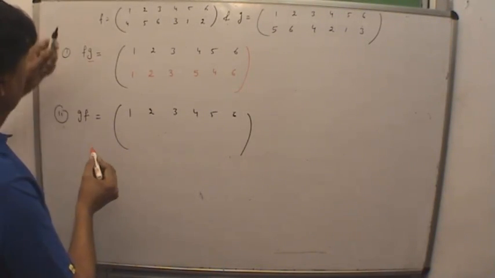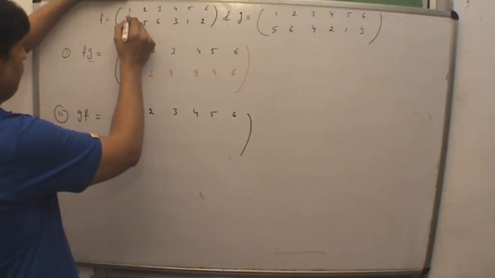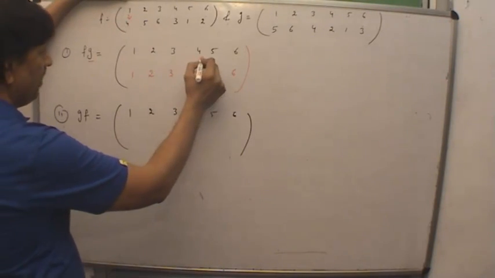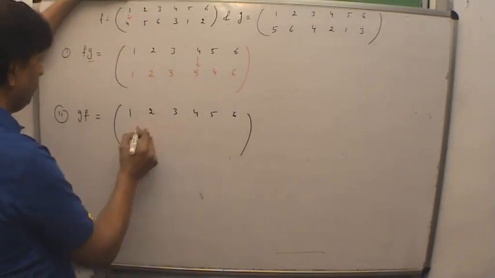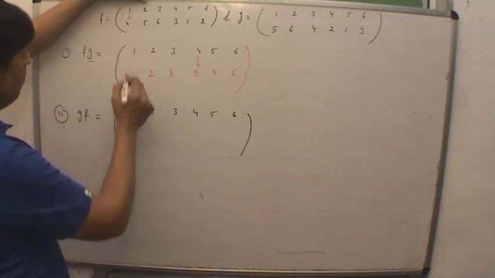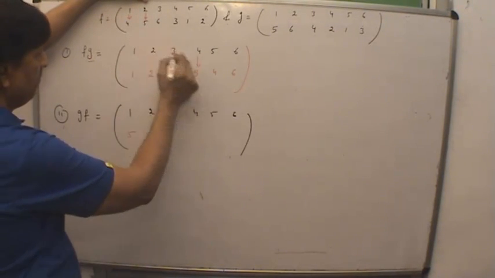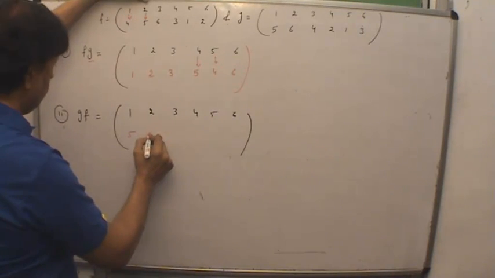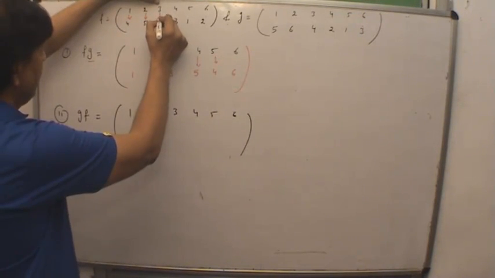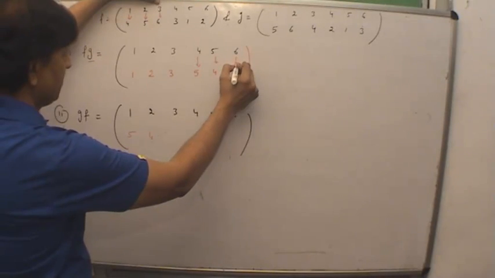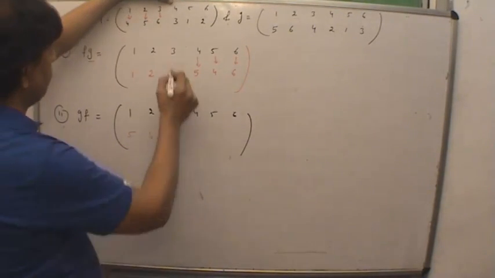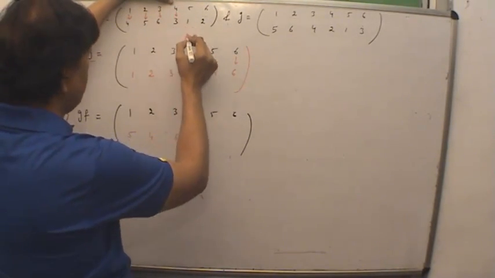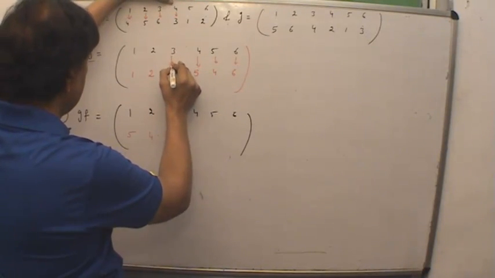If we start from 1, here 1 has the image 4, the 4 has the image 5, result is 5. 2 has image 5, 5 has image 4, 3 has image 6, 6 has image 6, 4 has image 3.